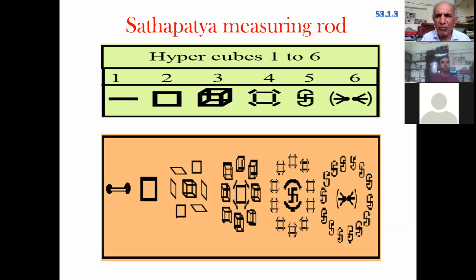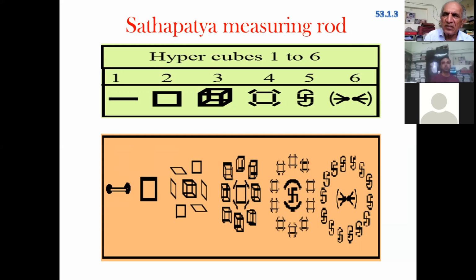These six bodies, these six hypercubes, these representative regular bodies of 1 to 6 space are six sequential steps which are to be covered to reach the origin of the transcendental domain.